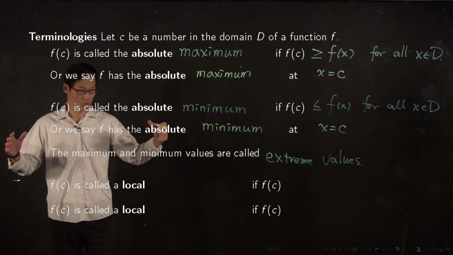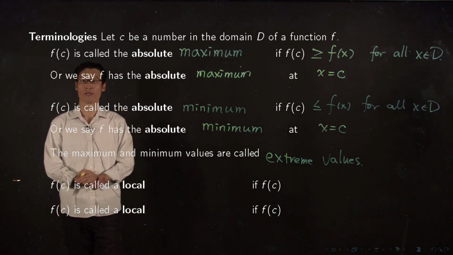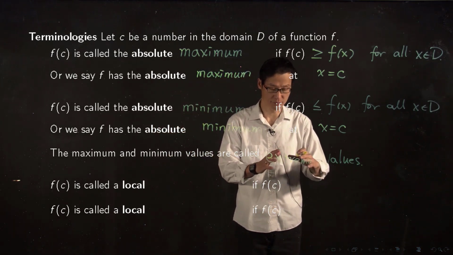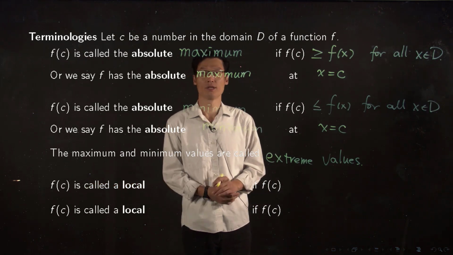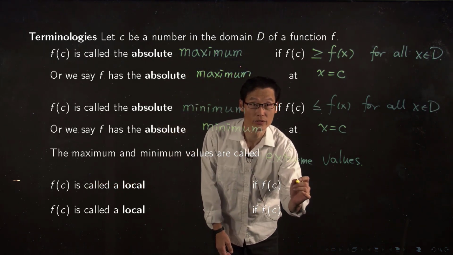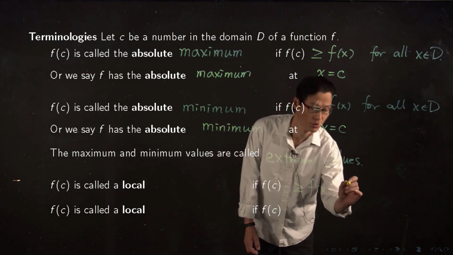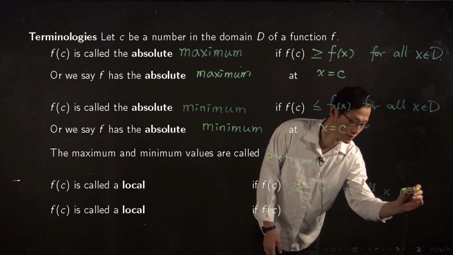So you can also restrict your attention to certain domain. Suppose you have some interval, and f of c is greater than or equal to all function values for all x near c.